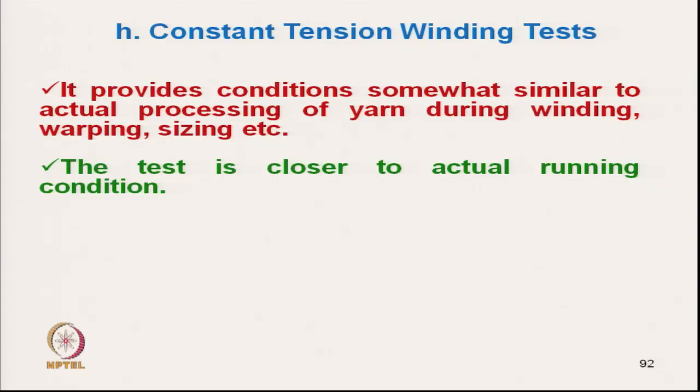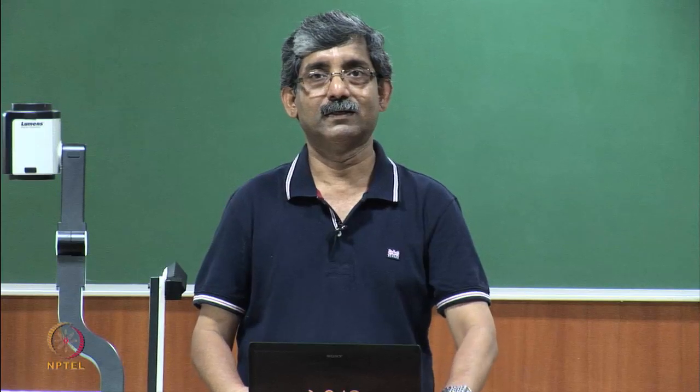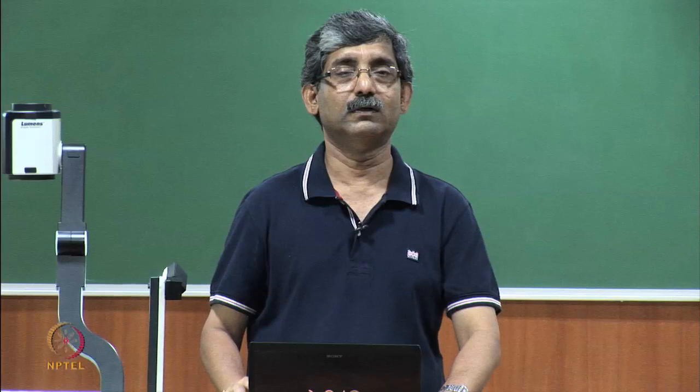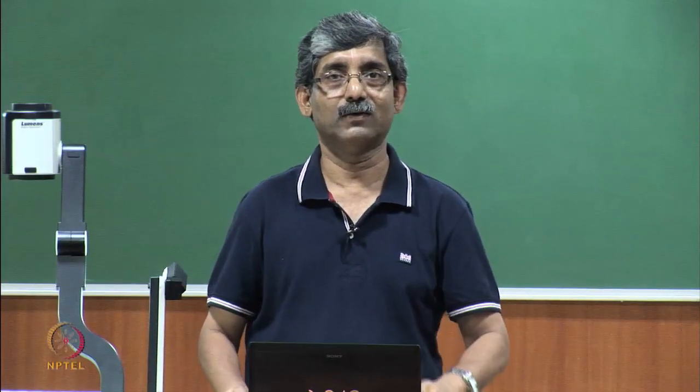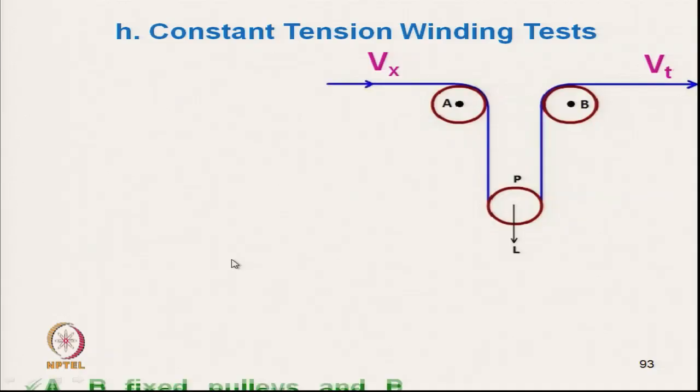Yarn with a very high strength, if it breaks during the winding, will actually affect the efficiency. So, that is why it is important to know the strength in running condition.